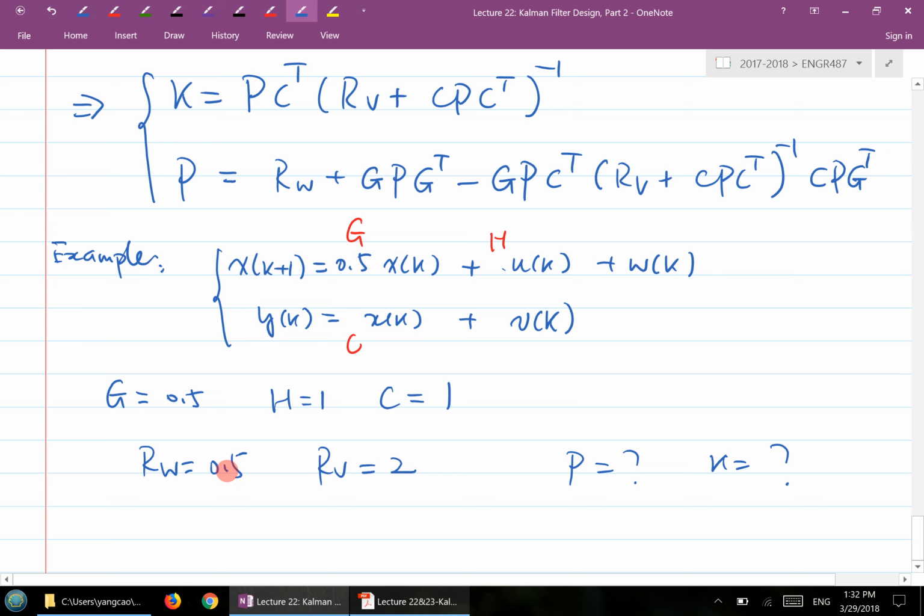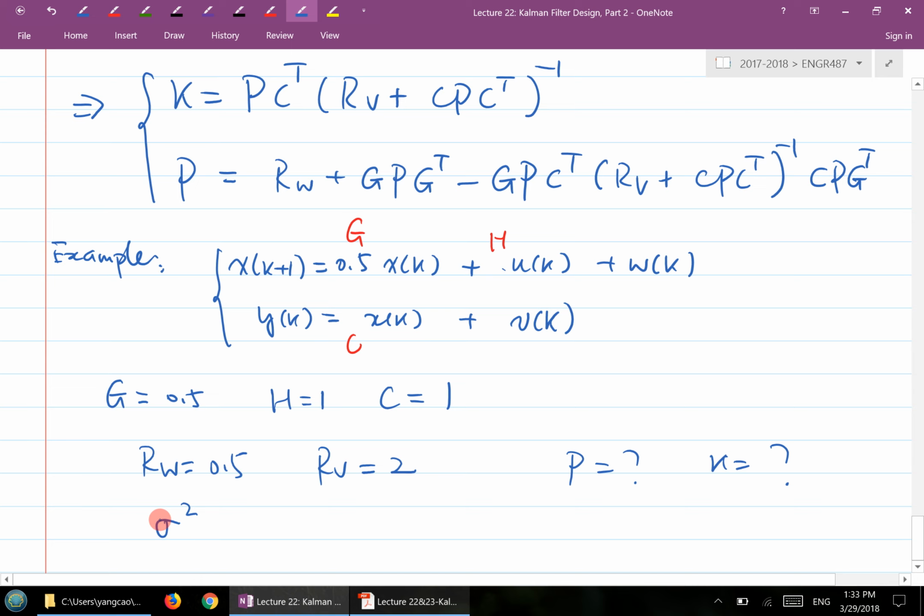So if I tell you the noise has a standard deviation of 2, then the variance is 4. Variance is sigma squared, and standard deviation is sigma.